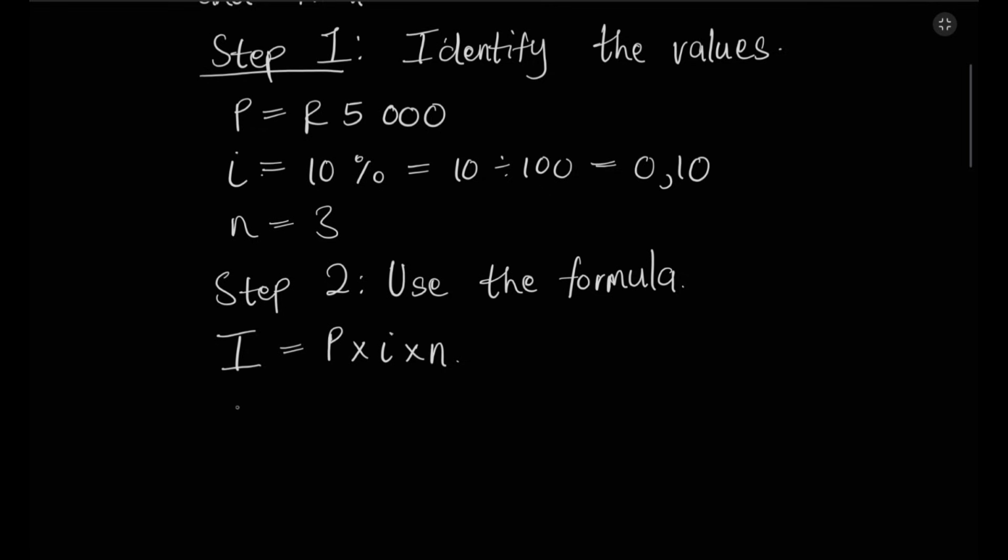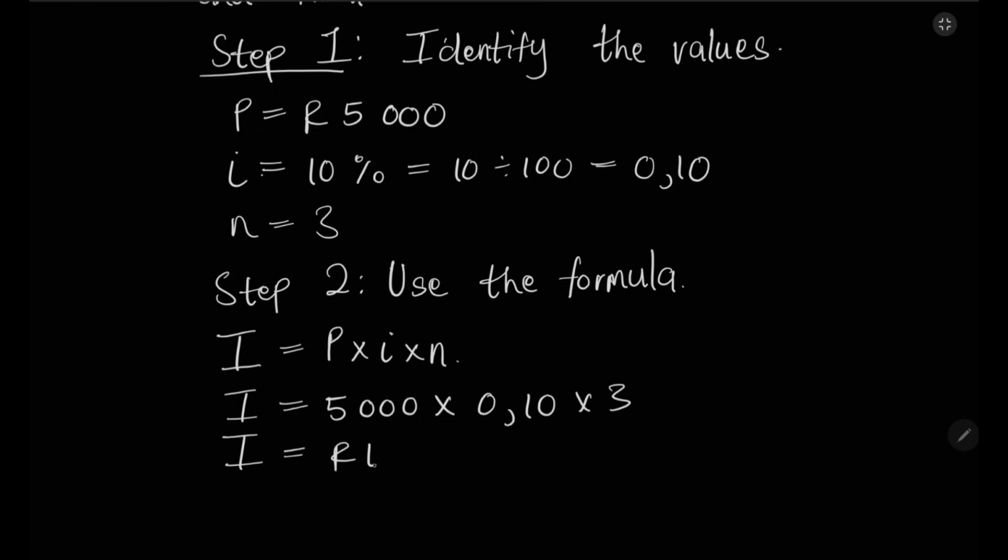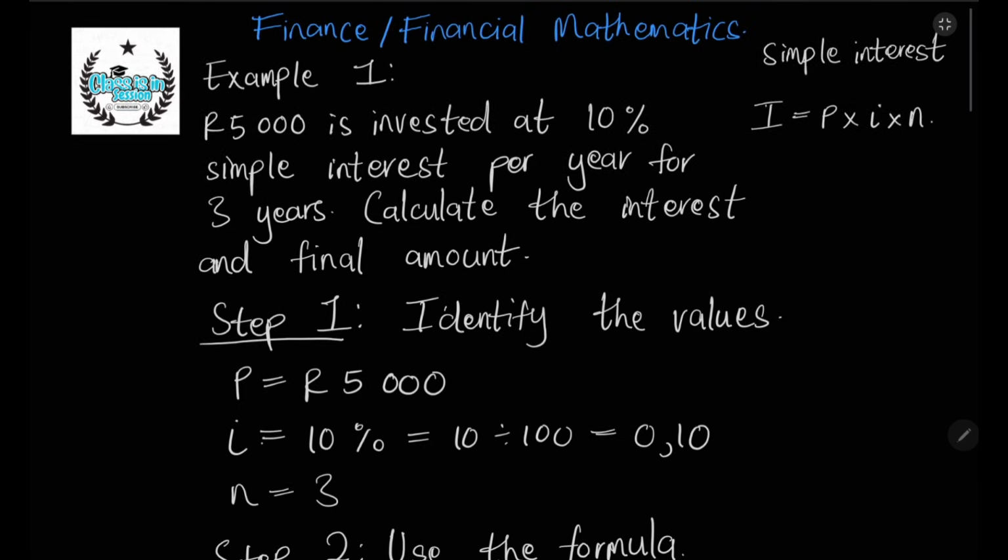So now we have to substitute. I is equal to, what is your P? 5,000 Rand. You just substitute times your interest rate, which is 0.10. Write it as a decimal. Then N, which is 3. 5,000 times 0.10 times 3 should give you 1,500 Rand. This is your interest.